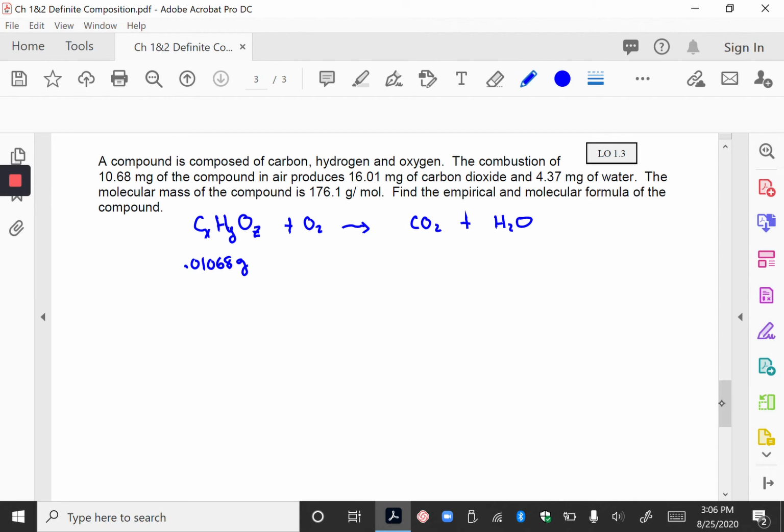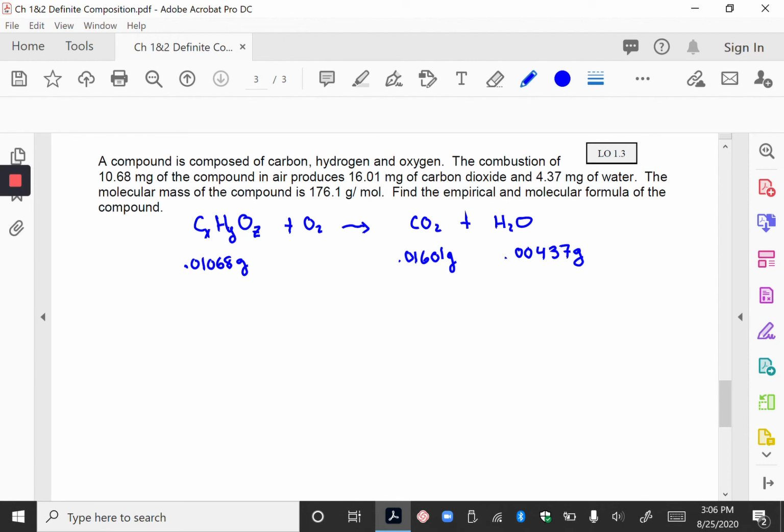So in grams, that would be 0.01601 grams. And they tell us 4.37 milligrams of water, which is 0.00437 grams. Great. They also tell us the molar mass of the compound.